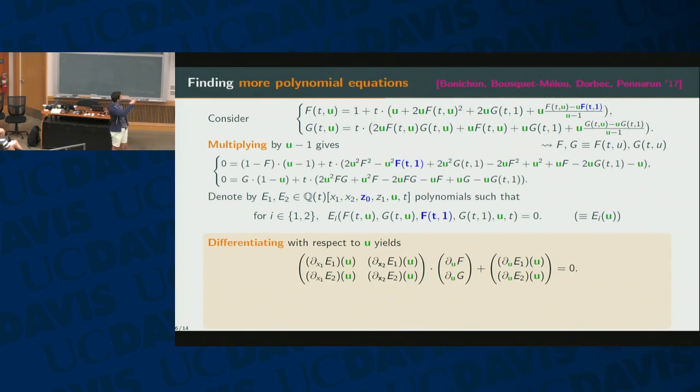And in such a case, with the chain rule, we obtain the following linear system with now the extra series del uf and del ug.